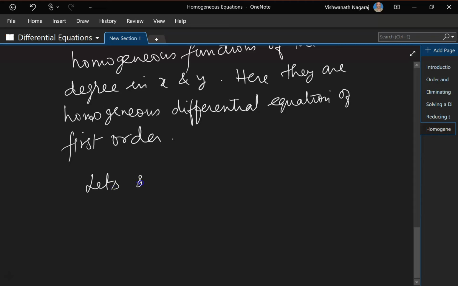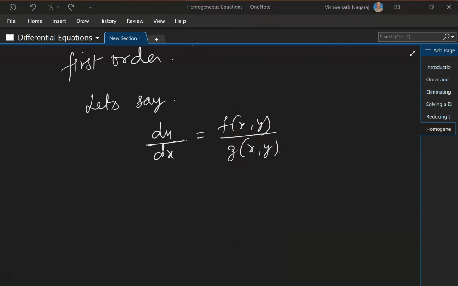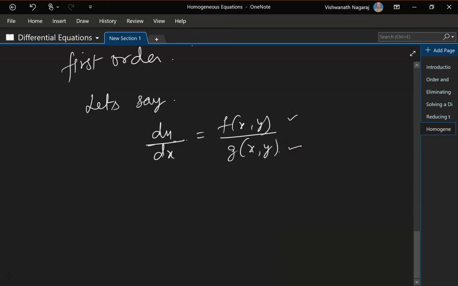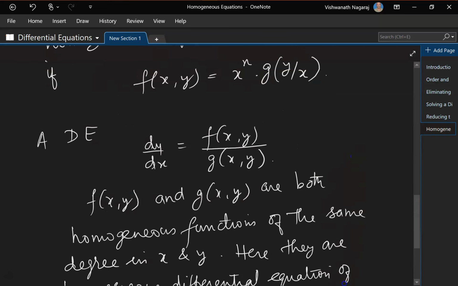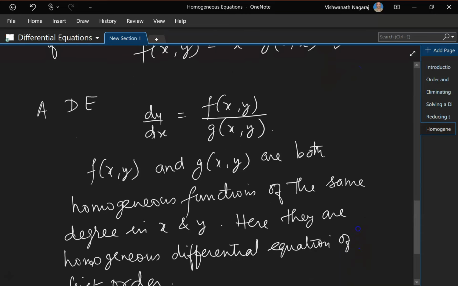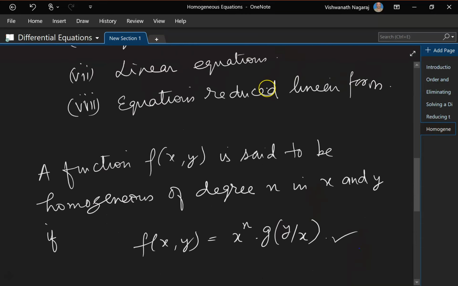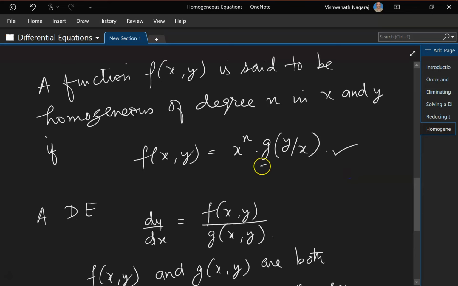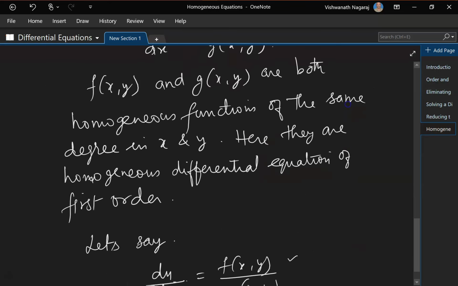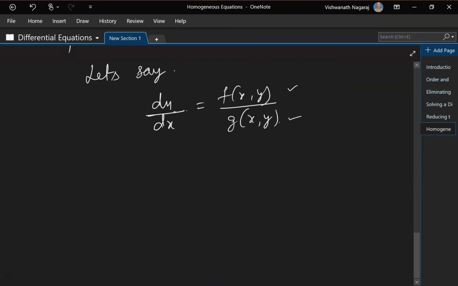Let's say we have dy by dx is equal to f of x comma y by g of x comma y. Now, since these two functions are homogeneous functions, we can write this in this form, right? The only thing is, since we already have a g function, we have to use some other letters.